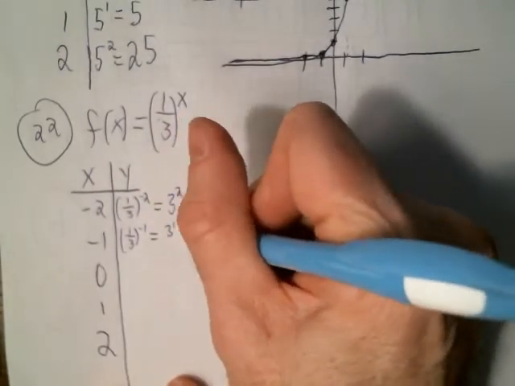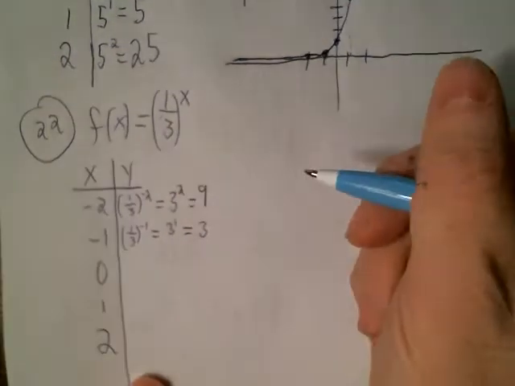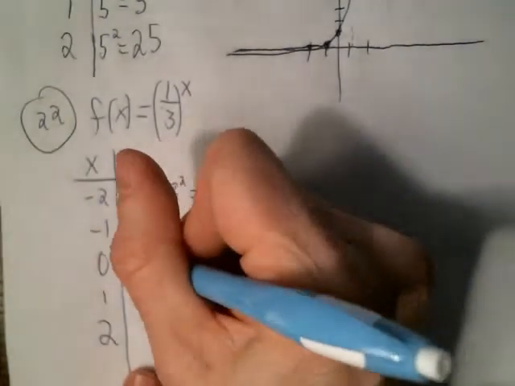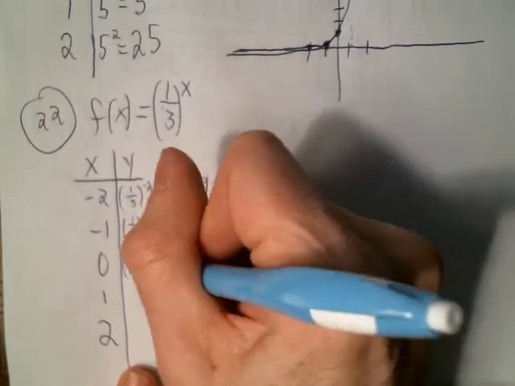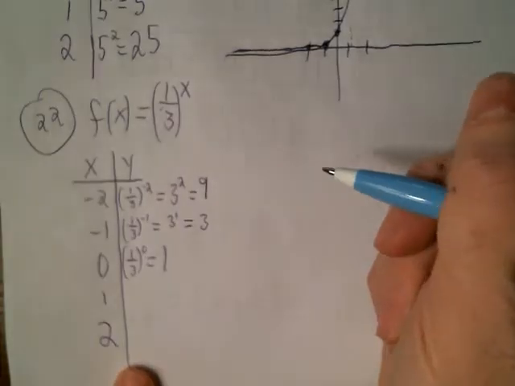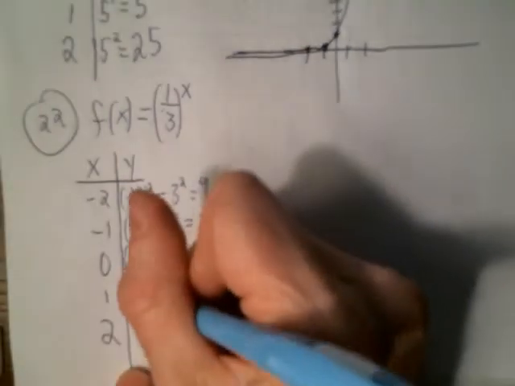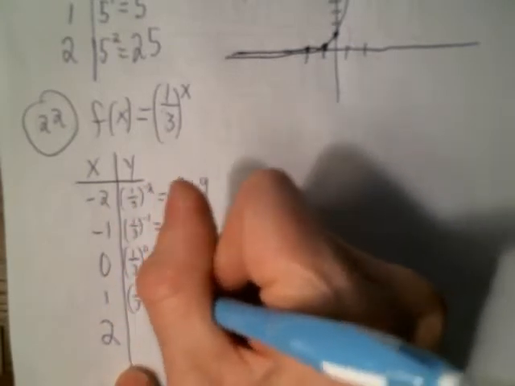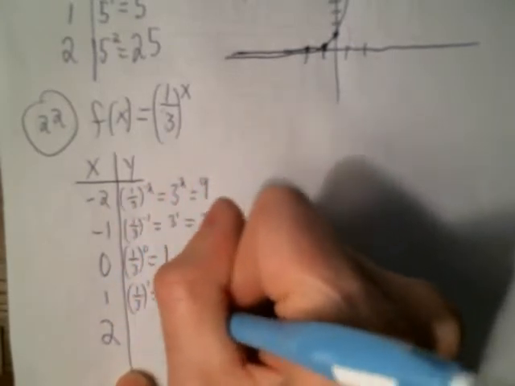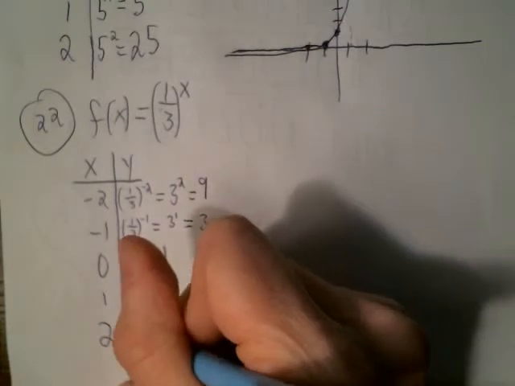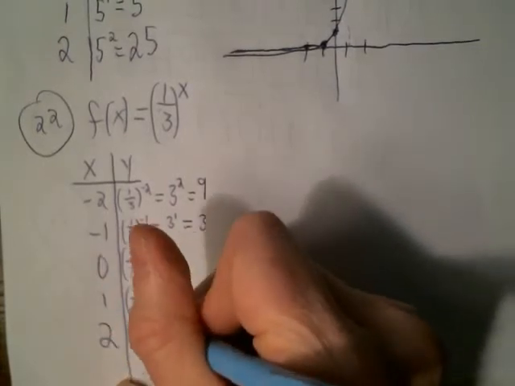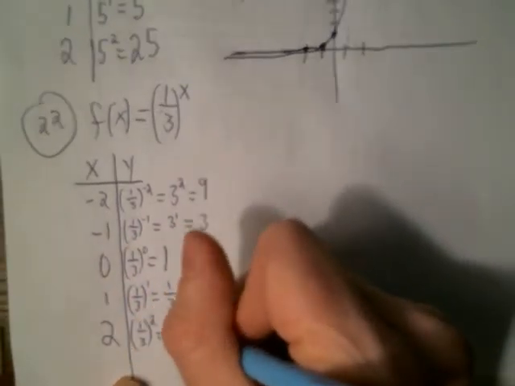But that's just 3 to the 1, which is 3. And then anything to the 0 power is 1, except 0. And then (1/3)^1 is 1/3. And then (1/3)^2 is 1/3 times 1/3, which is 1/9.